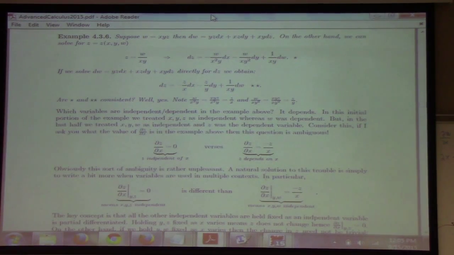Oh, okay. Wait, it looks like you took all three to be independent in that bottom right. Yeah, here I have four variables in one equation.